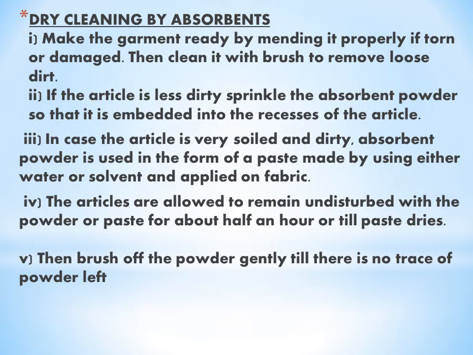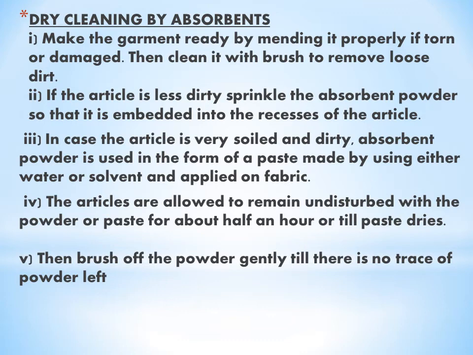Now, dry cleaning by absorbents. How is dry cleaning done by means of absorbents? Make the garment ready by mending it properly if torn or damaged. Then clean it with a brush to remove the loose dirt. If the article is less dirty, then sprinkle the absorbent powder so that it is embedded into the recesses of the article.